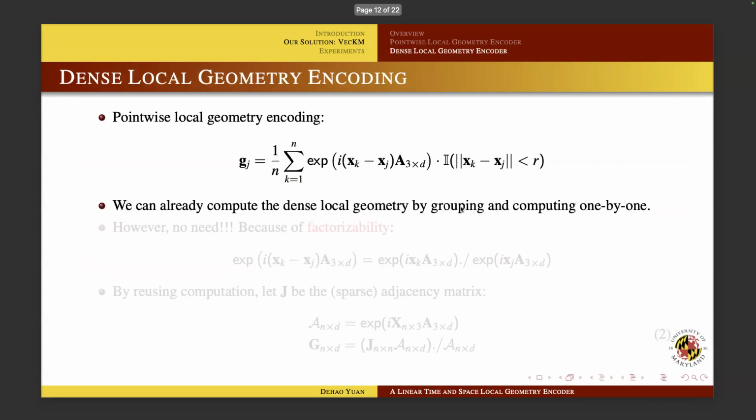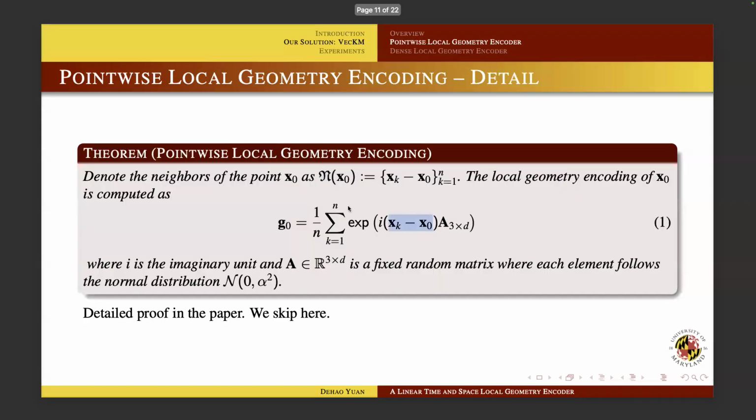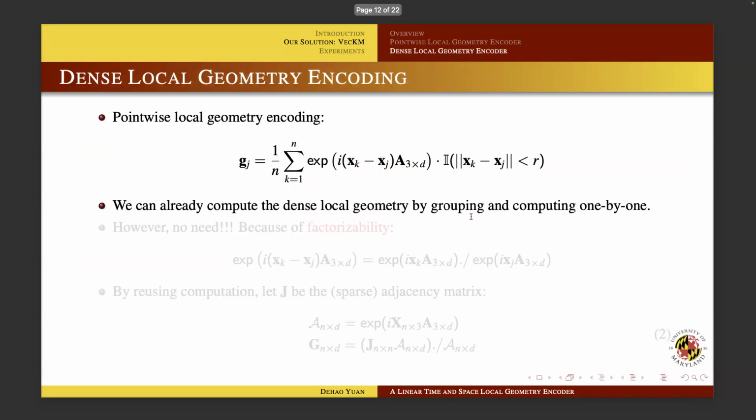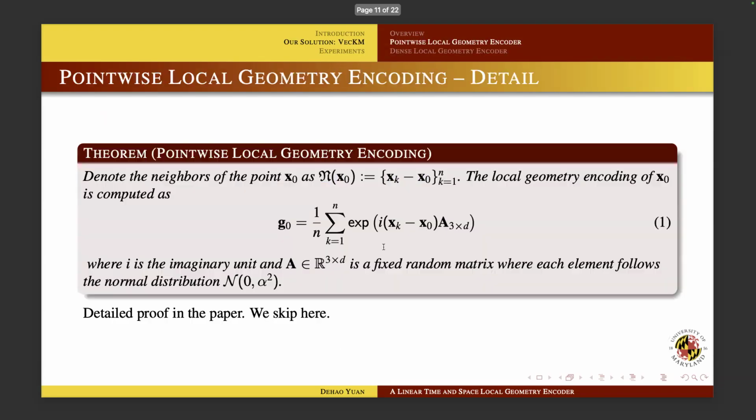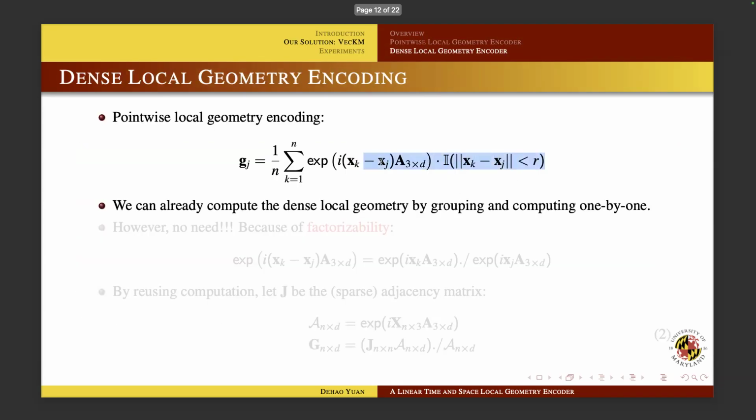Previously we had this formula for a single point. Suppose we want to compute it for all the points, then basically we just rewrite this formula into this. Here this I is an indicator function of whether two points are neighbors. Suppose you want to compute the geometry encoding of j, then what you are doing is summation across all the points.